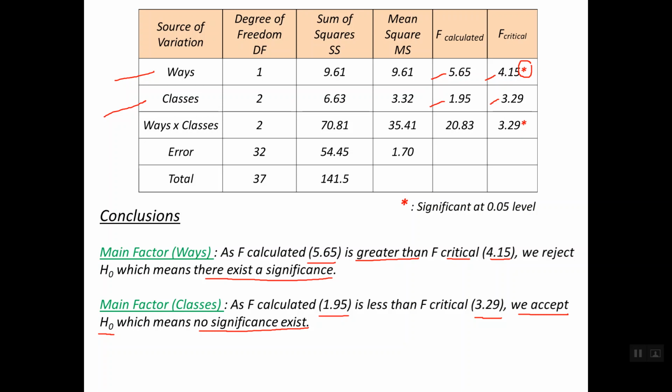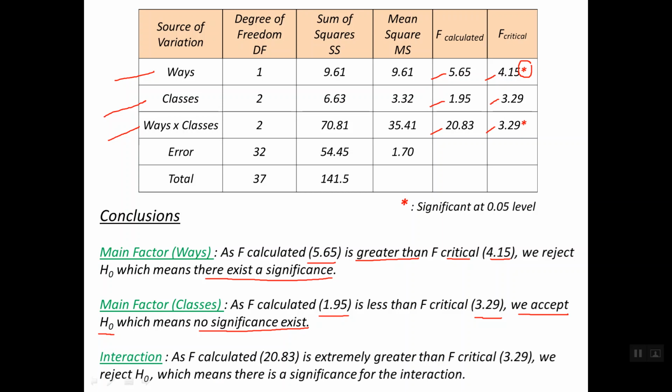Regarding the interaction between the two factors, the calculated value of F is extremely greater than the critical one, so we reject the null hypothesis, which means there is a significance for the interaction, or simply there is an interaction between the two factors.